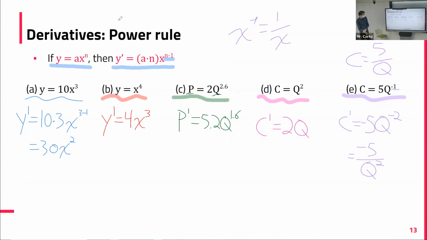There's our derivative. So sometimes we will need to convert from a fractional thing to a negative exponent and then go back. Just remember our exponent rules. We should be able to handle that. Okay, so there's some basic practice with the power rule. Good.